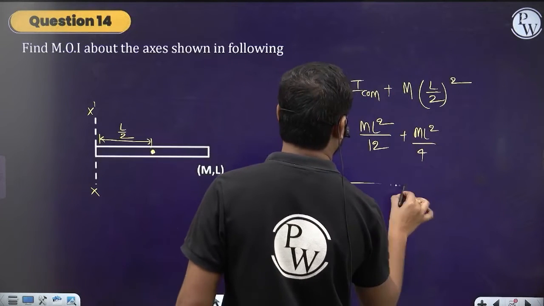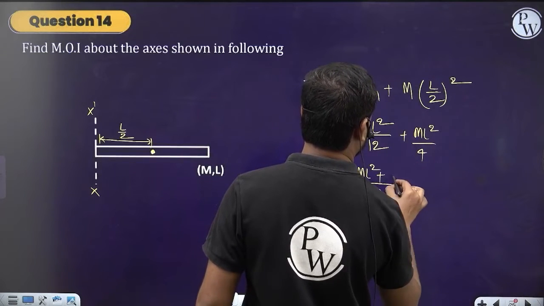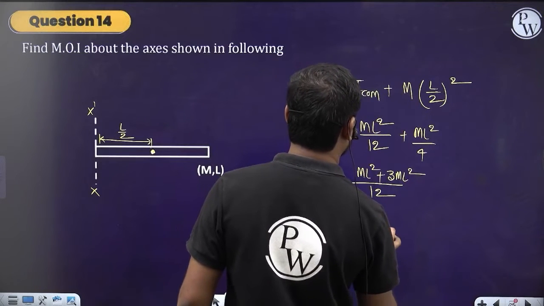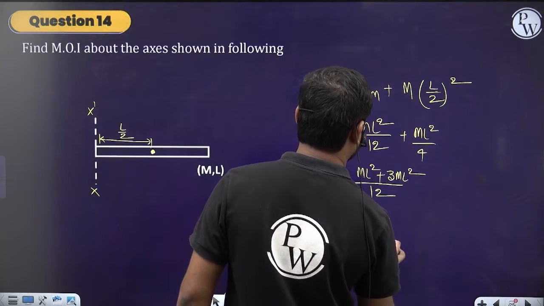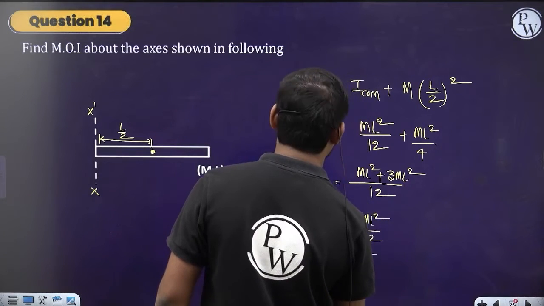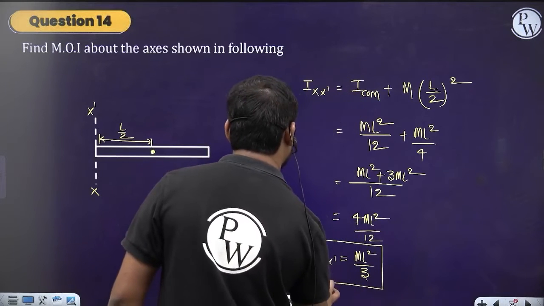Here 12 is the LCM, so m L square plus 3 m L square, which is 4 m L square by 12, which is nothing but m L square by 3. This is the moment of inertia about the x dash axis.